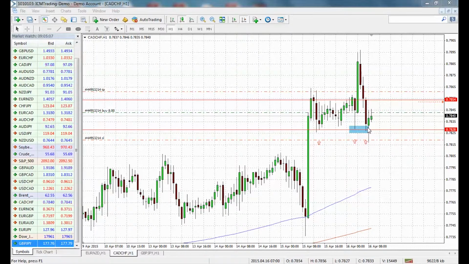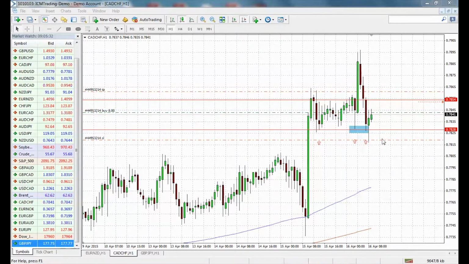Now the thing is, when you see this type of situation, if this is going to be a pin bar, you want it to break below this area as it did, and come back up and close very close to these bar highs. You want the close of your price action to be very close to the bar lows.